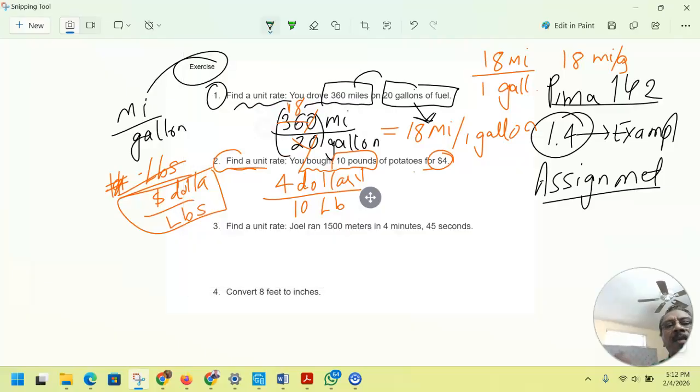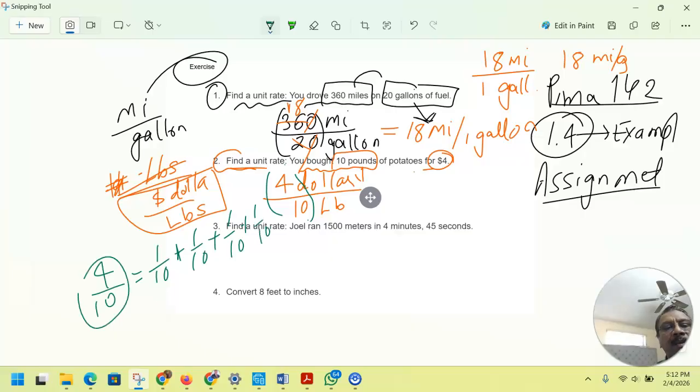You can clearly see we can easily cross out this. What is 4 over 10? Basically there are 4 tenths, right? That means 1 over 10 plus 1 over 10 plus 1 over 10 plus 1 over 10, which is actually 0.4. In other words, if you take off this 0, the decimal moves one place to the left.